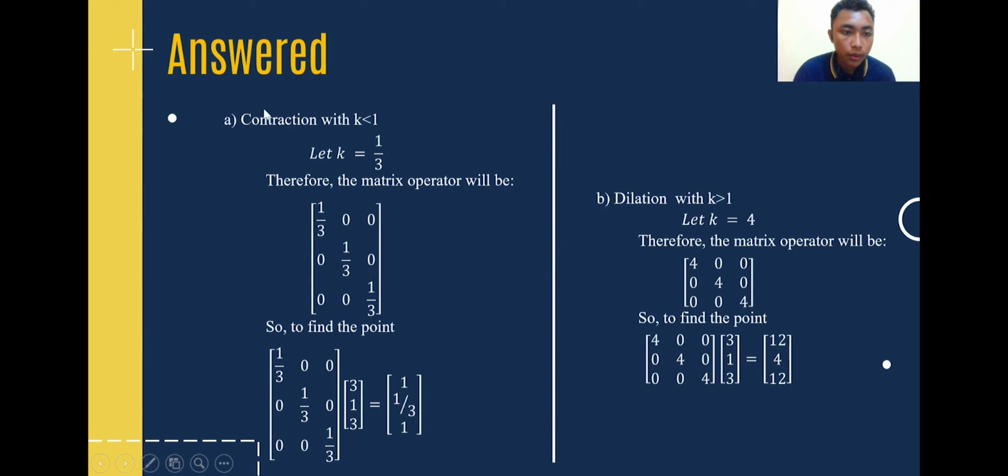Yeah, the first is contraction with k less than 1. So for example, k is 1/3, because that is less than 1. The theorem is this.